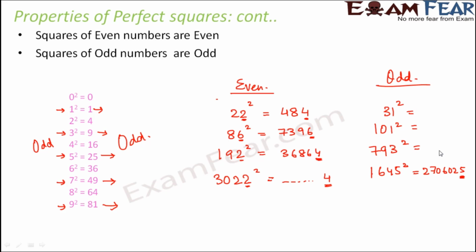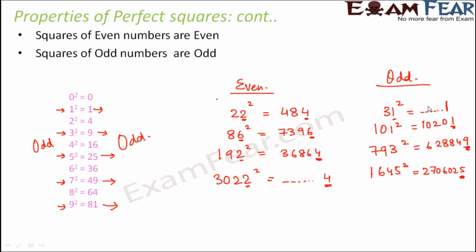So you have a 5 at the end, which is odd. 793 square gives you 628849. So 9 again is an odd number. 101 square is 10201. So 1 again is odd. Similarly, try to find this out: 31 square. Here 1 is at the units place, so definitely at the end we are going to have 1, but what would be the exact value, you can calculate it yourself.